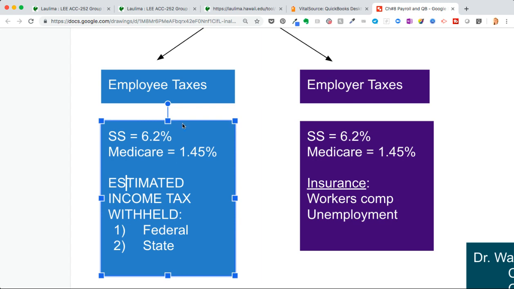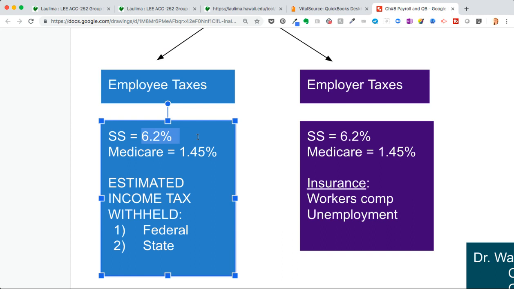So in the employee's pay, out of the actual amounts that they're paid, they subtract Social Security tax and they subtract Medicare tax. So when I say analyze a pay stub, you're going to take the amount you were paid, so $10 an hour times 10 hours, that's $100, times 6.2%, so that would be $6.20.